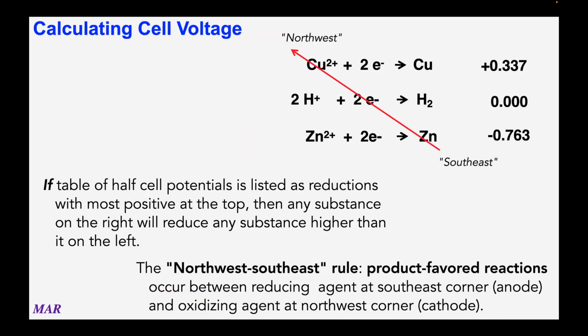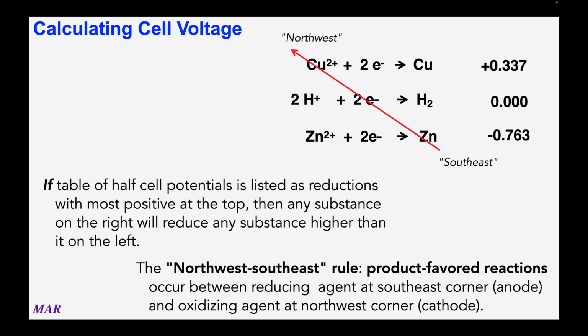Another system that's used sometimes is what's called the northwest-southeast rule. I'm not really a big fan of this either, but here's the idea. If you have a table of reduction potentials, so everything's listed as a reduction, and all the cell potentials go from most positive to most negative, then what it means is you're going to get a product-favored reaction between the reducing agent in the southeast corner and the oxidizing agent in the northwest corner.